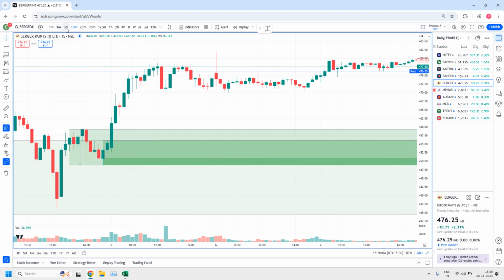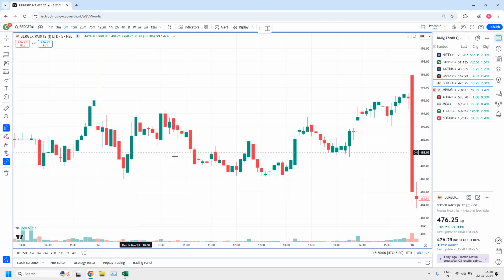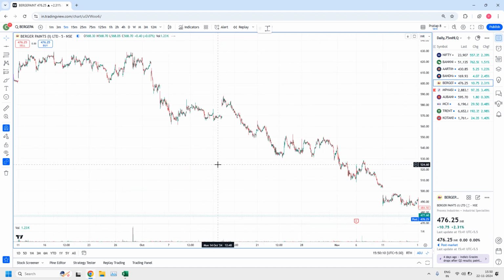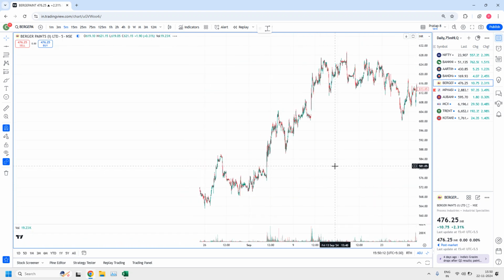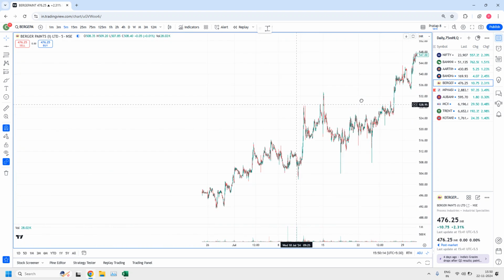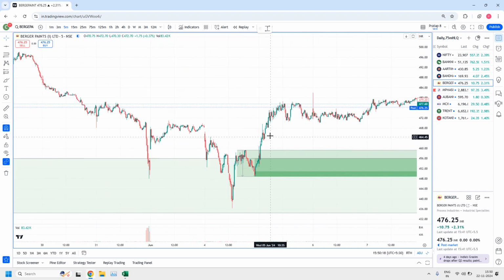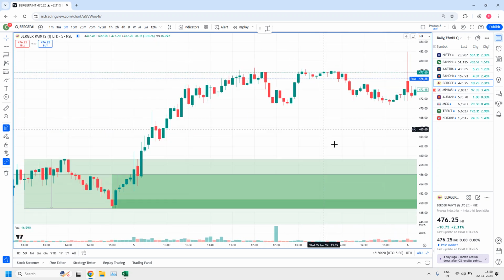Again within this 15 minutes we have a fine-tuned 5 minute zone. See here, we have a drop, a base candle and a rally candle.